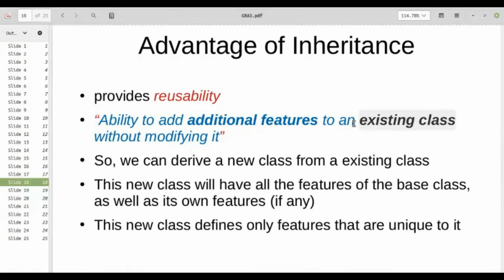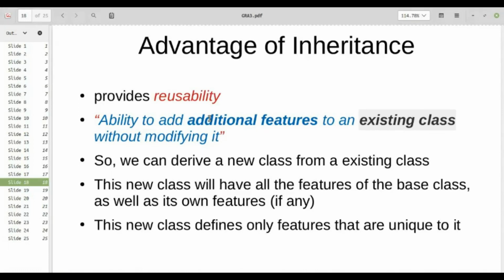Trina has derived the class birds into her own class, which she has named flying birds. But at some point, Trina feels that she has to add some new functionality to her class flying birds. That is a very, very legal operation. She can do that. So there is the ability to add additional features, right?